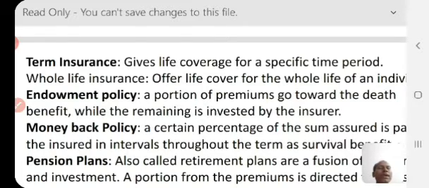Whole life insurance. This insurance offers risk cover for the whole life of an individual. It covers the entire life of the insured, the policyholder.